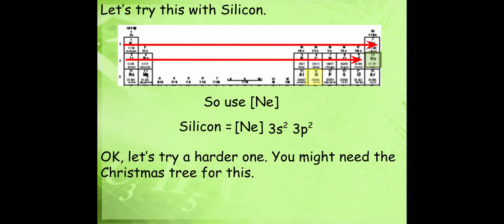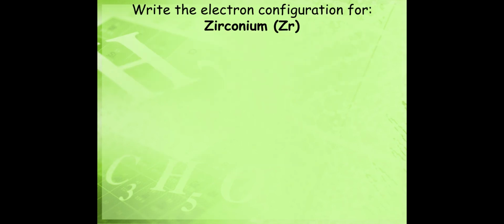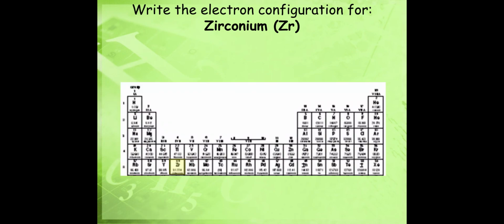Okay, so let's try a harder one. You might need the Christmas tree for this. So we can take an element like zirconium. You can find that right on the periodic table. And again, you will need a Christmas tree for this one. Zirconium is in period 5, and so you realize that the noble gas in the period before zirconium is krypton.